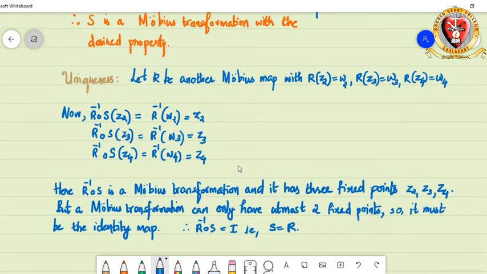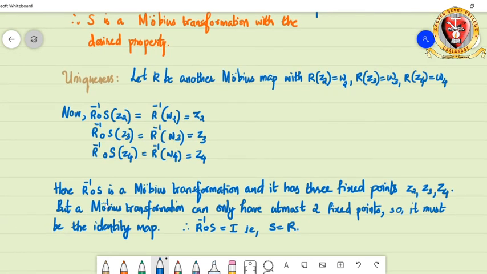So what does it make us conclude? R inverse composition S is a Mobius transformation and it has three distinct fixed points: set 2, set 3 and set 4. Note that they are three distinct fixed points from the hypothesis, okay?